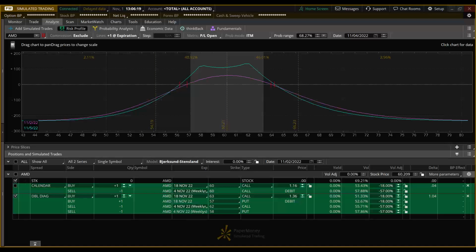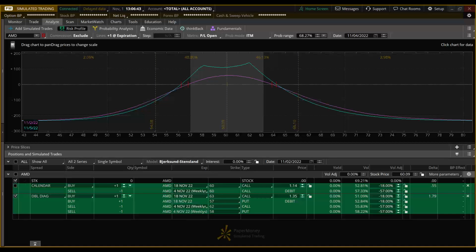Yes, a double diagonal looks similar in a risk graph to a double calendar. They are very similar. The big difference I want to drive home is the double calendar is more expensive than a standard regular double diagonal.